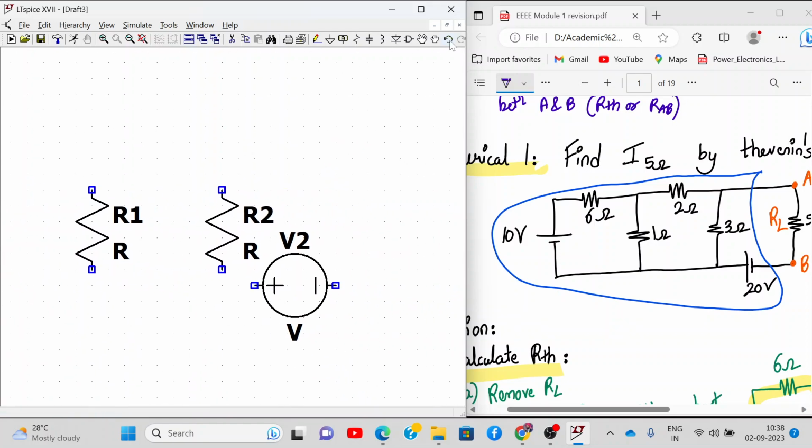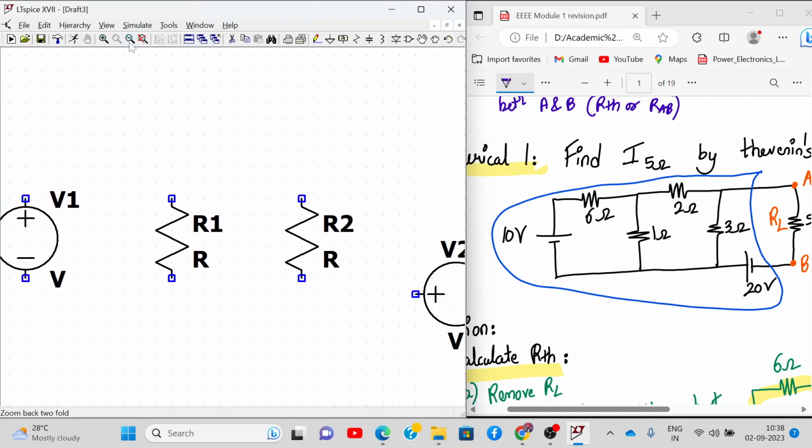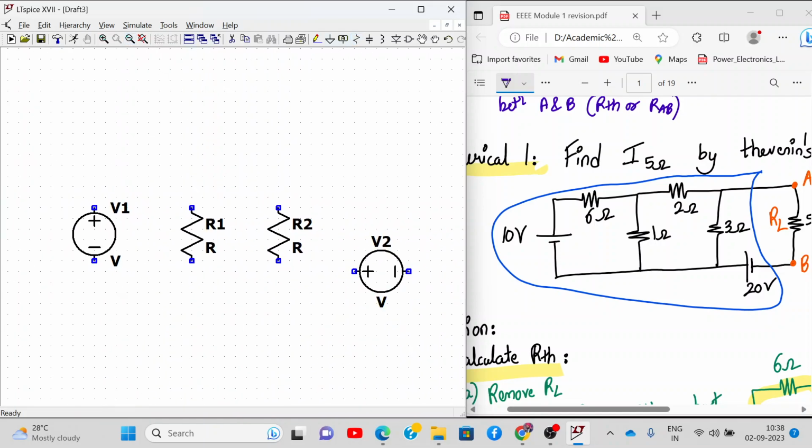If I want to move anything, I'll use this move button and keep it over here. Then I require two more resistors. I want to change the orientation, so Control R, I'll keep it over here. Another, I'll keep it over here. And then I'll require one more resistor for the RL.